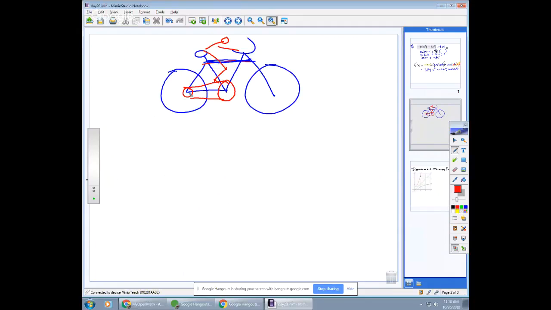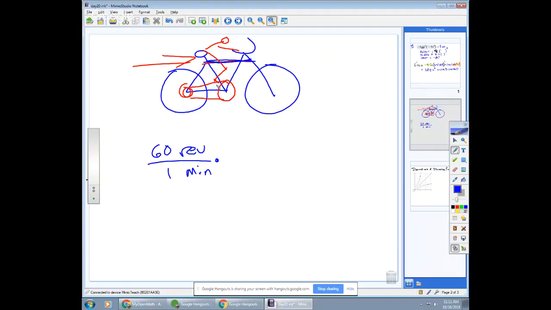And that chain ring right there is connected to the rim, which makes the whole bike go. So we would have to consider his rate of pedaling. That's called the cadence, right? So maybe he's pedaling at 60 revolutions per minute.